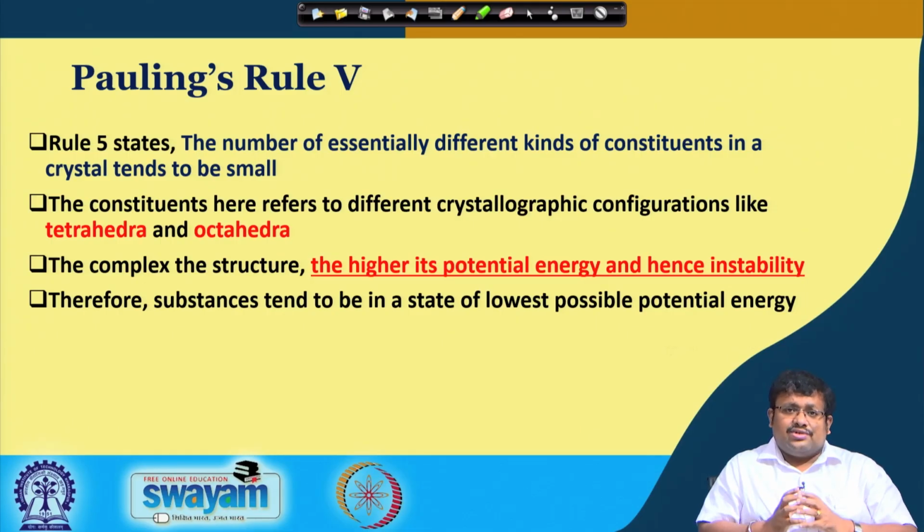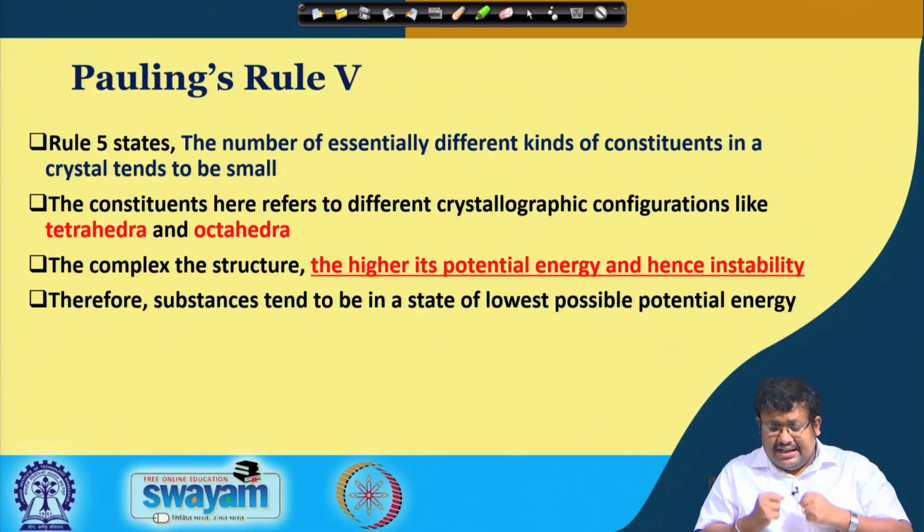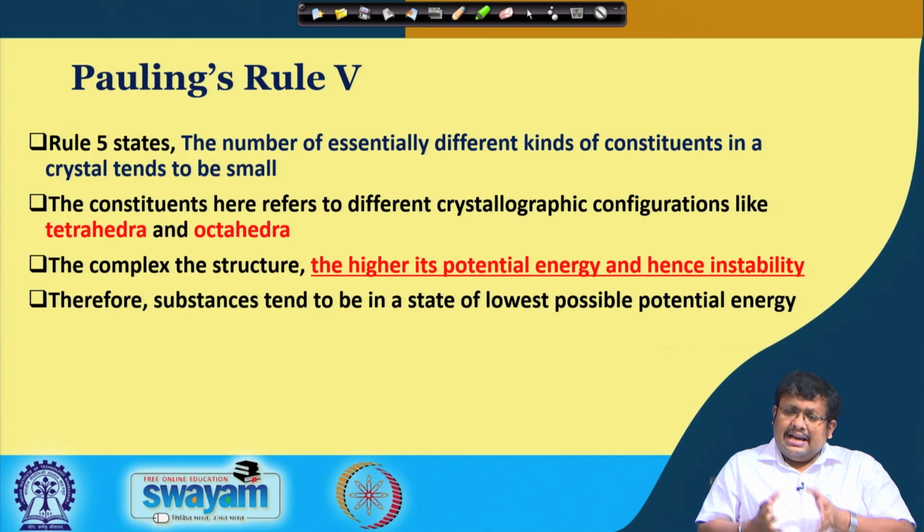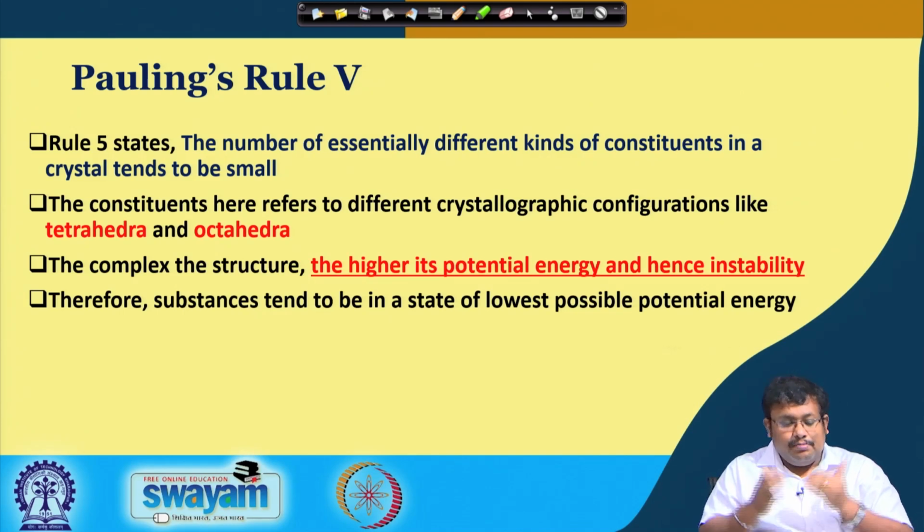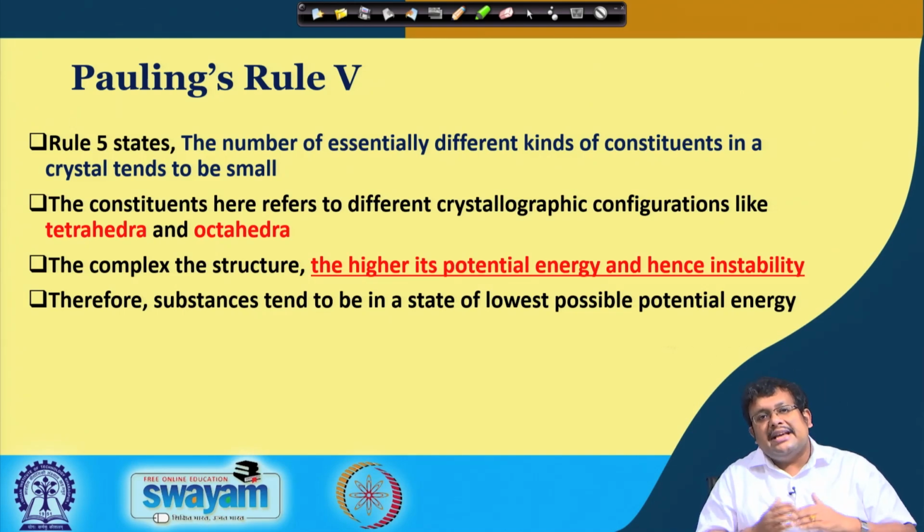Obviously the more complex the structure, the higher its potential energy, and hence instability, because the substance always tends to be in a state of lowest possible potential energy. So, the more complex the crystallographic structure, there is more chance of instability. So, this is rule 5.